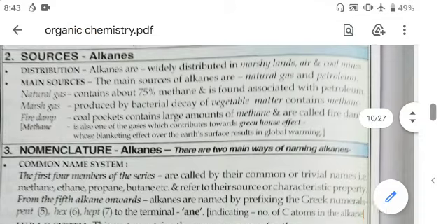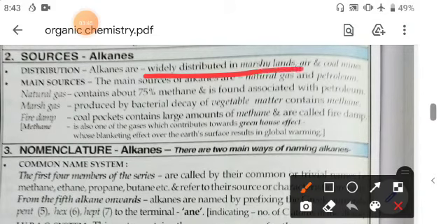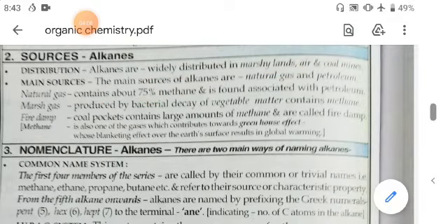You know about the distribution of alkanes: they are widely distributed in marshy lands. So methane is also called marsh gas. These alkanes are distributed in marshy lands, air and coal mines, and the main sources are natural gas and petroleum. Natural gas contains 75% methane and is also found associated with petroleum.